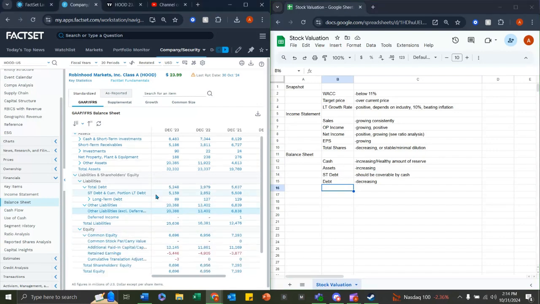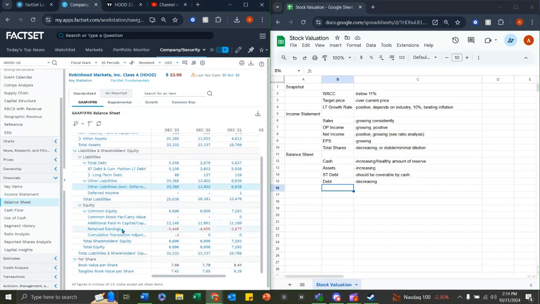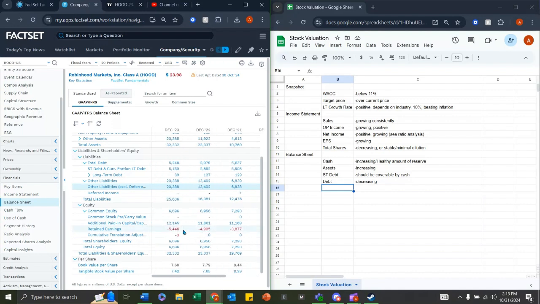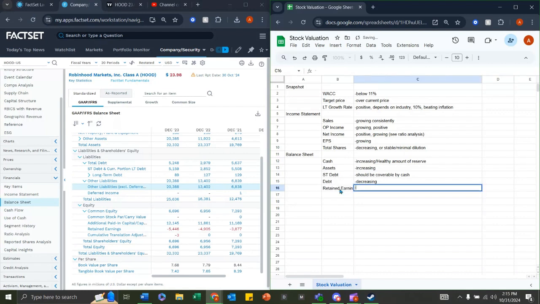Equity, big one, retained earnings. Robinhood has negative retained earnings mostly because they're reinvesting everything into their company. As much as they make, they spend on their company for aggressive growth. It's a little different for every company, but for an aggressive growth, smaller company like this, it's not as important.